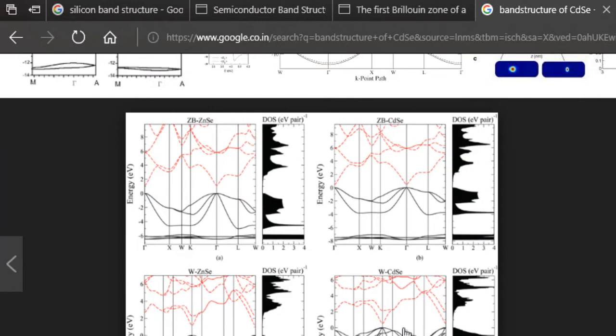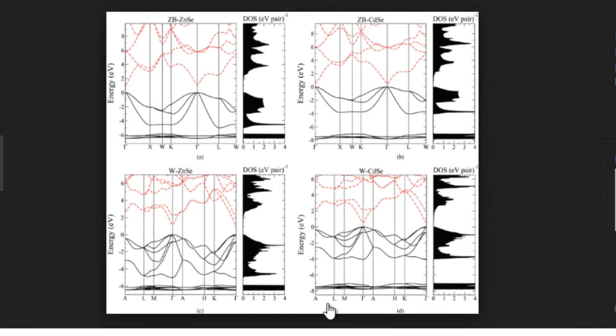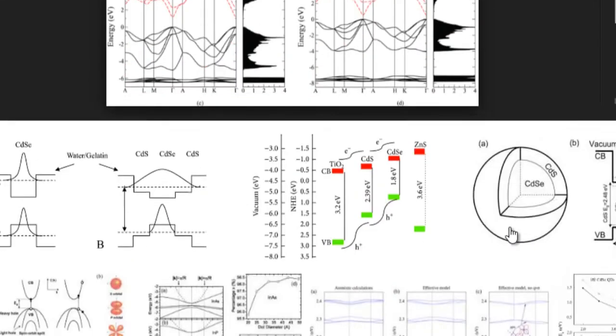And in case you have some other lattice like the wurtzite lattice, then you have other high symmetry points. For example, here the high symmetry points are like A, L, M, gamma, L, A, H, K, etc. So the high symmetry points differ with the type of lattice that you have.